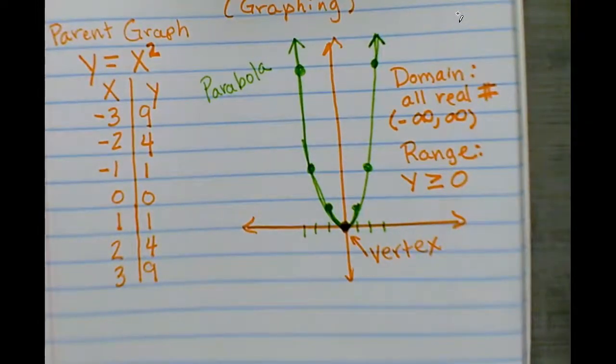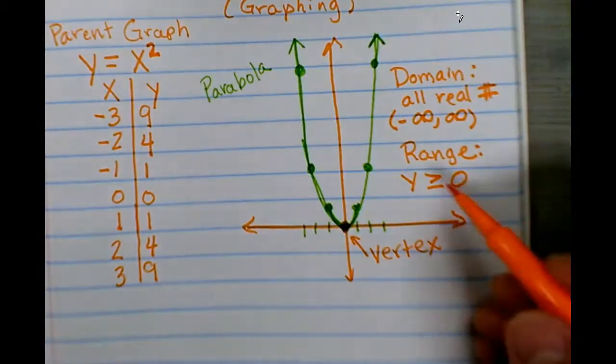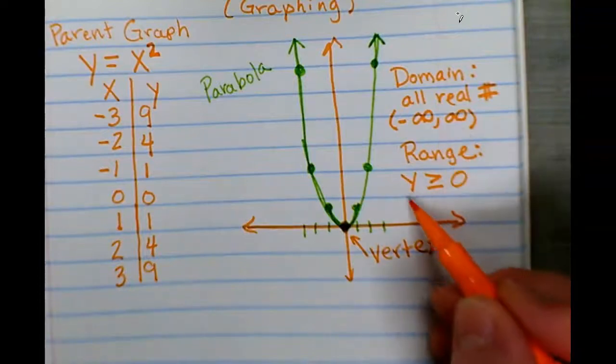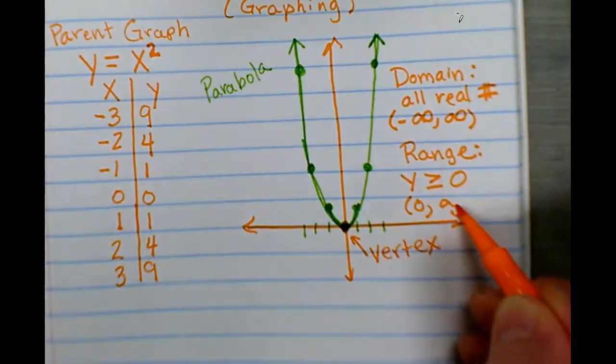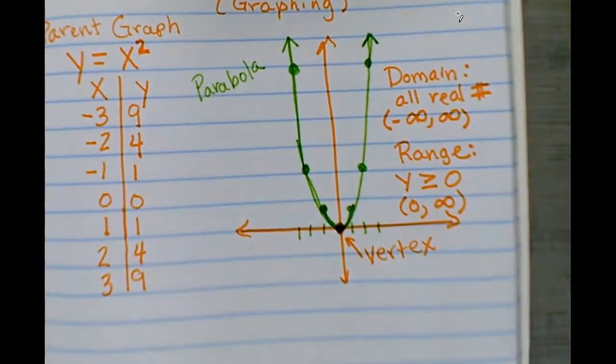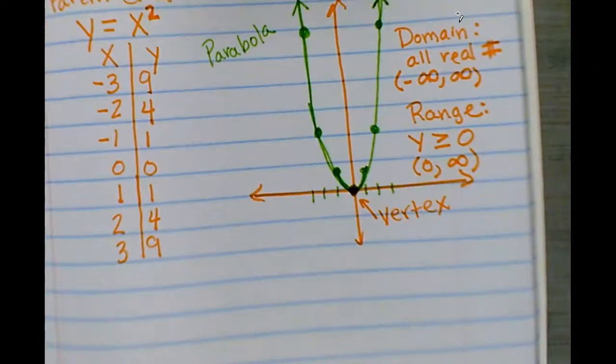I personally like to use interval notation more than inequality notation, and so the interval notation would be it starts at 0 and goes to positive infinity. Is that coming back to you from way back at the beginning of the year? And all quadratics are going to have this basic U shape.